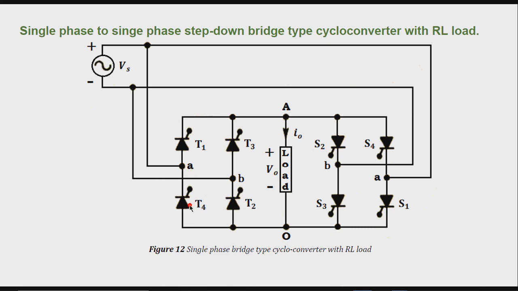When T3 and T4 are triggered in the negative half cycle, the current flows through T3, then the load, and then T4. So the current for this negative half cycle is also positive. The direction of the current is from A to O, and the load current builds up from 0.